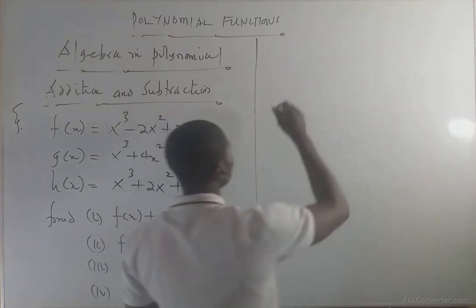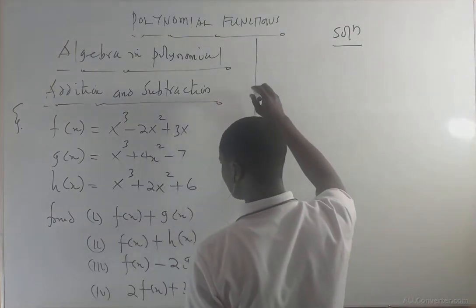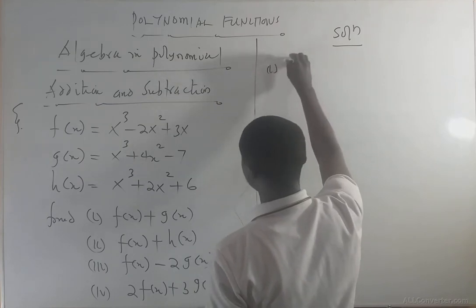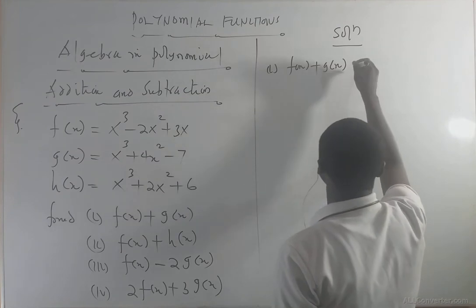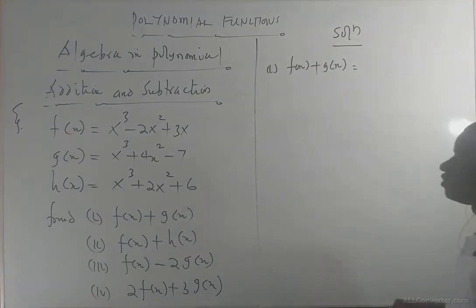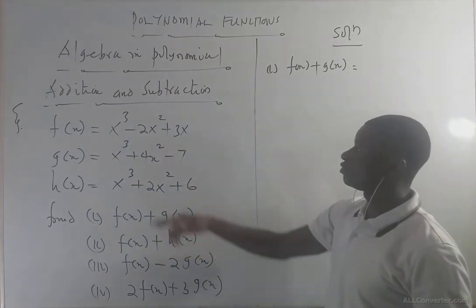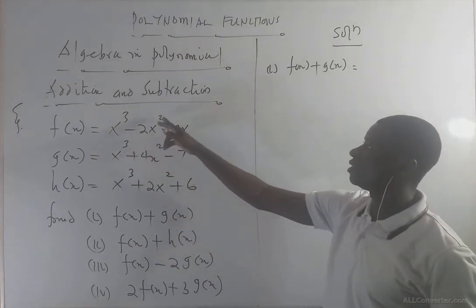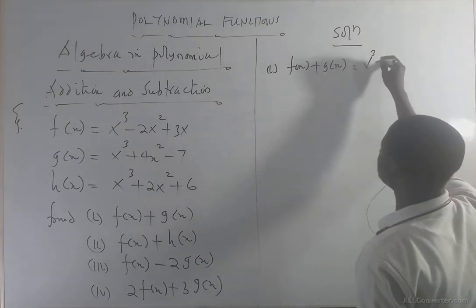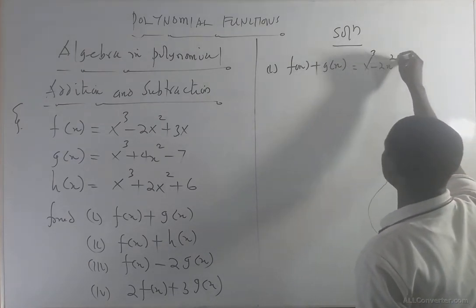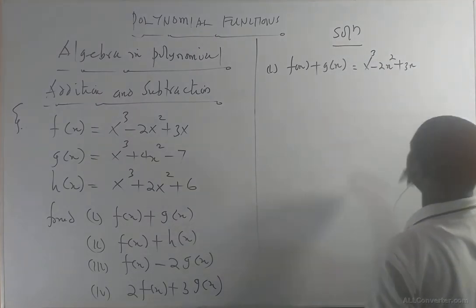Okay, so now let's look at how best we can solve the problem. The first, we have to find f of x plus g of x. When we are asked to find f of x plus g of x, don't forget that we know the polynomials f of x and g of x. So f of x is x cubed minus 2x squared plus 3x. We are adding this to g of x.